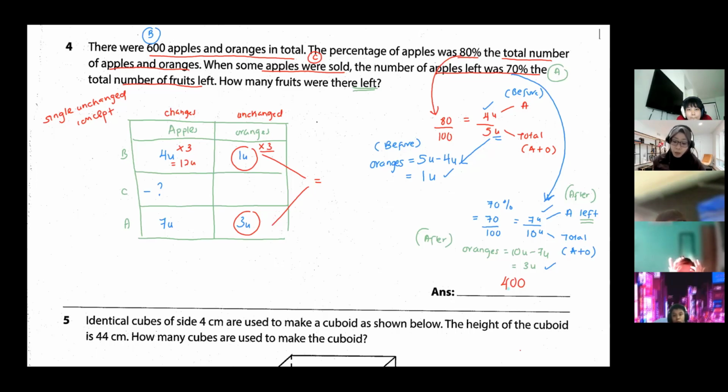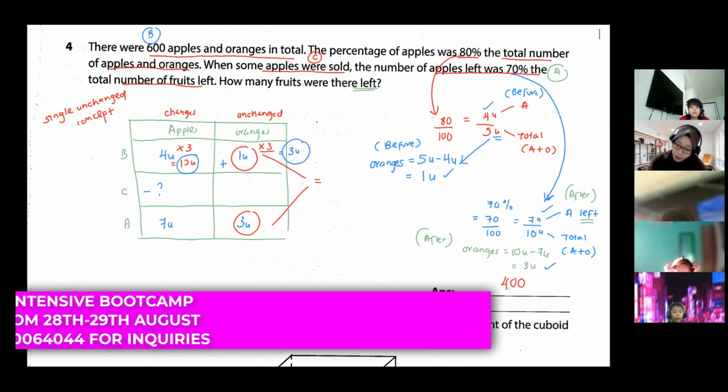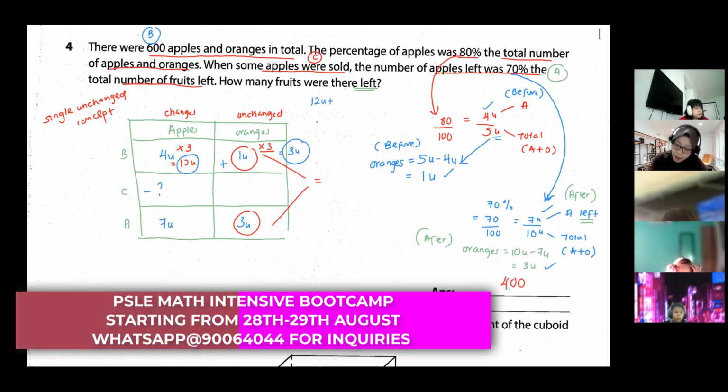Okay, now we know that there was a total of 600 apples and oranges at first. So our apples is 12 units, our oranges is 3 units. Total means I need to add them up, correct? So 12 units plus 3 units equals 15 units.